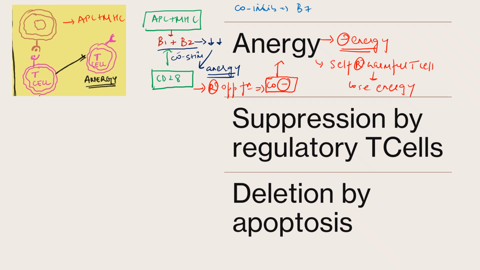B7 is a co-inhibitor for CTLA4, and PDL1 and PDL2 are co-inhibitors for PD1. So whenever there are mutations in this, it can lead to various autoimmune diseases.